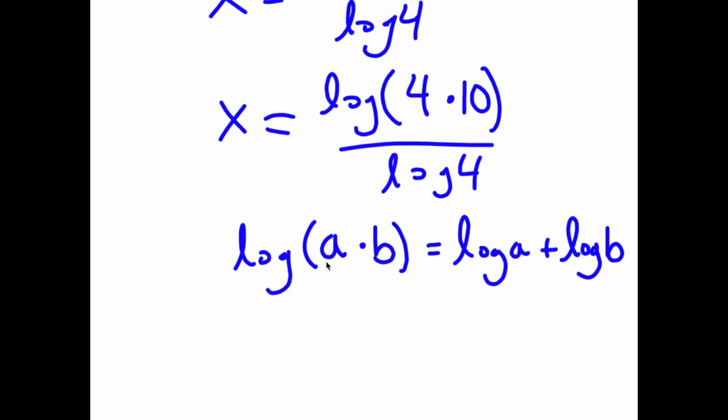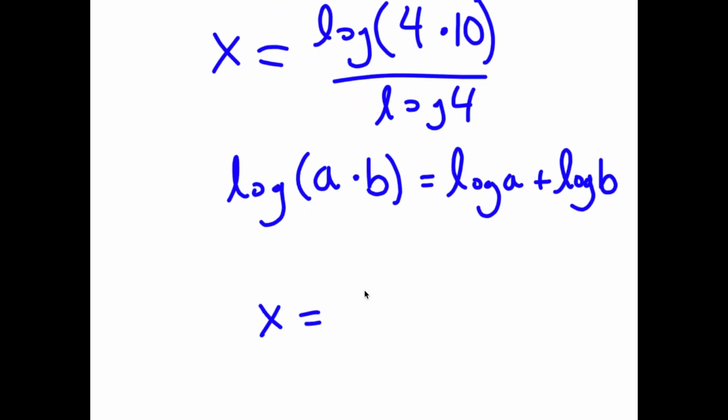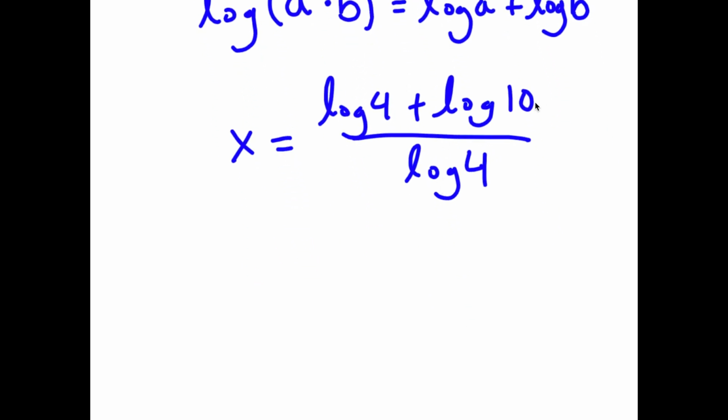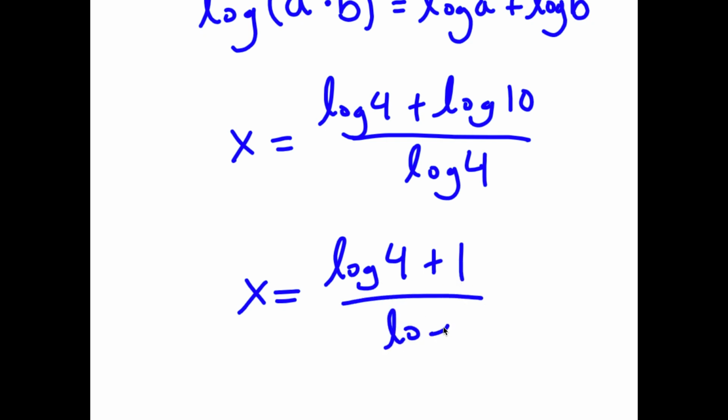So log 4 times 10, that's going to equal log of 4 plus log of 10 over log 4. And if you guys already know, log 10 is actually equal to 1. So I have x is equal to log 4 plus 1 over log 4.